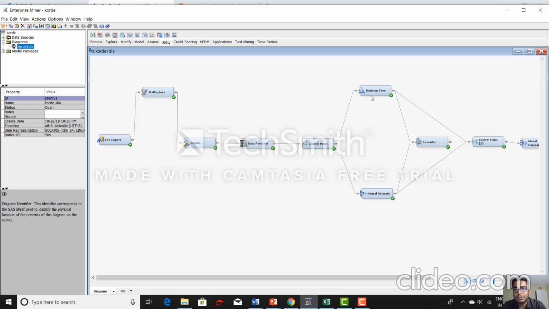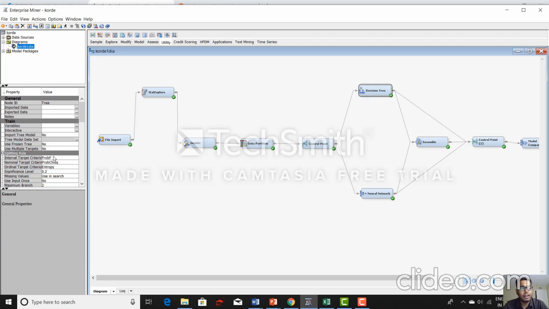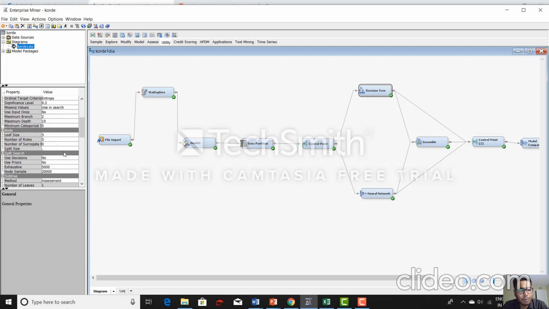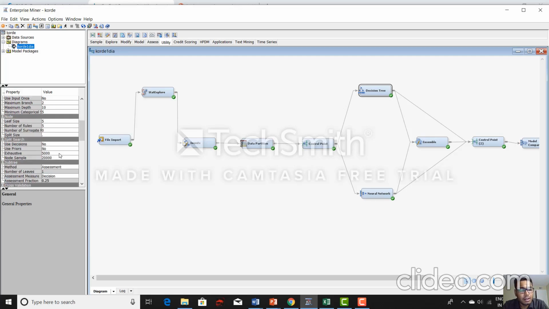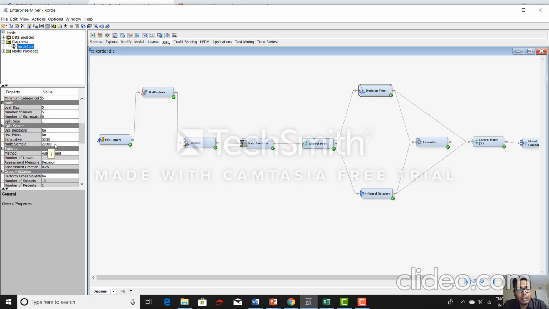The second concept that I've used is decision tree. In the decision tree, to limit overfitting, I've used pruning. Pruning means that I have limited the classification of our tree into different depths.